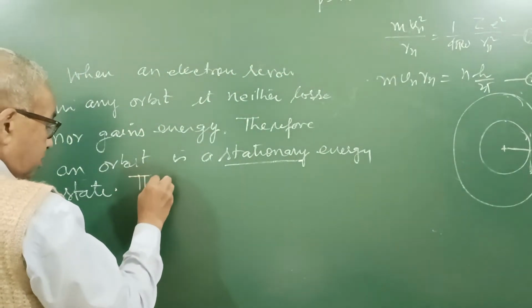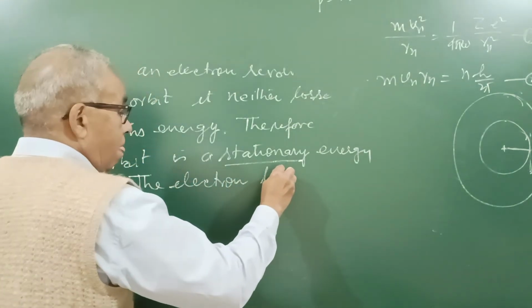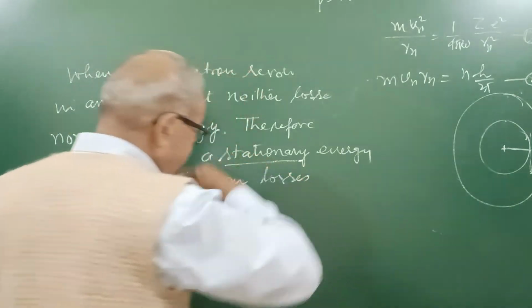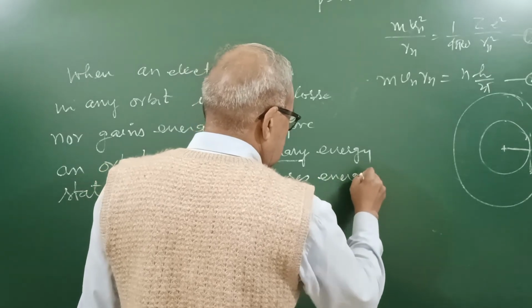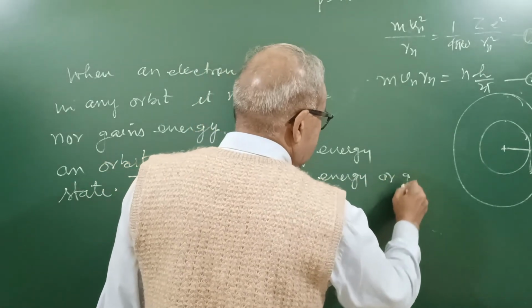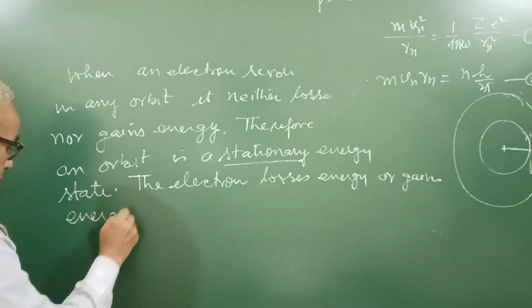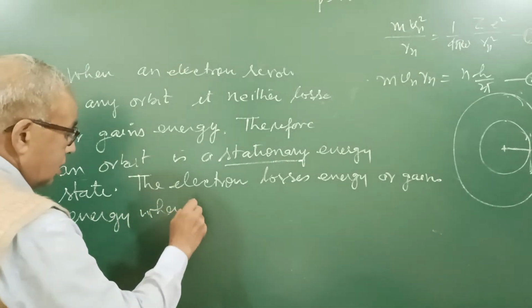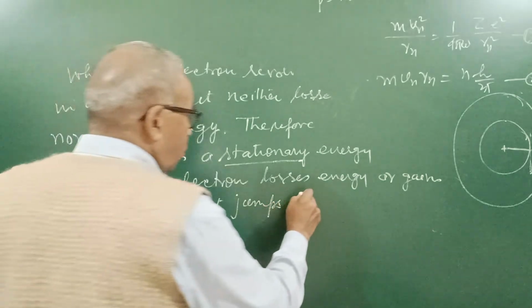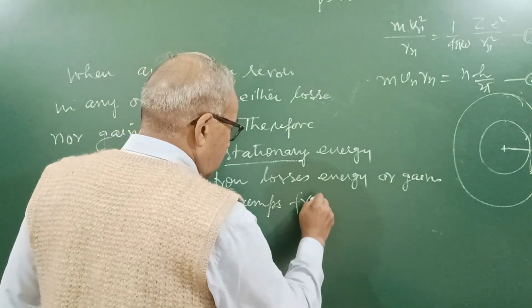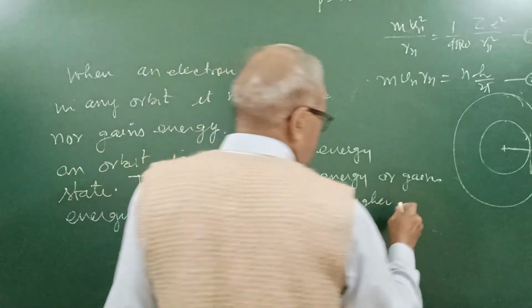The electron loses energy or gains energy when it jumps from a higher orbit to a lower orbit, and vice versa.